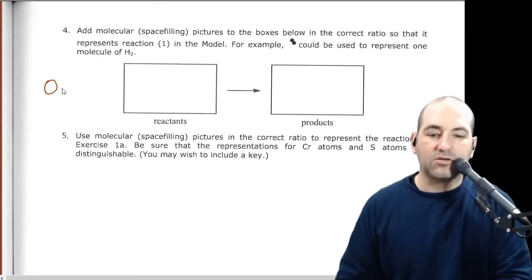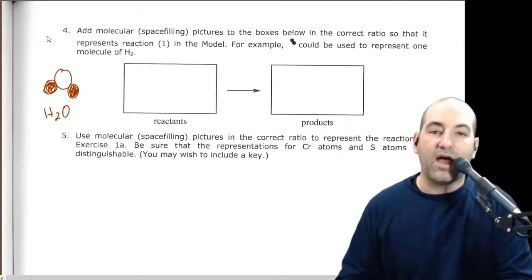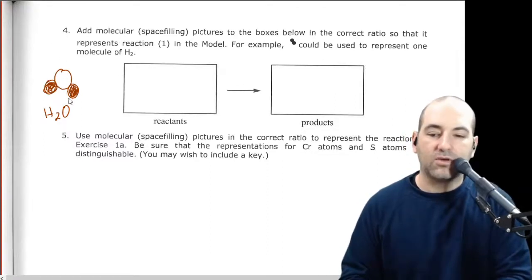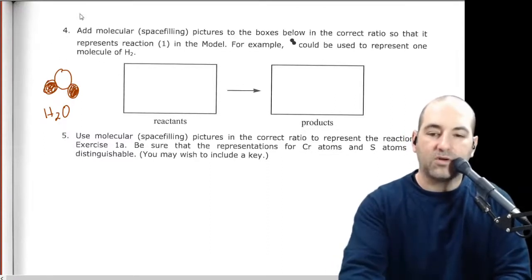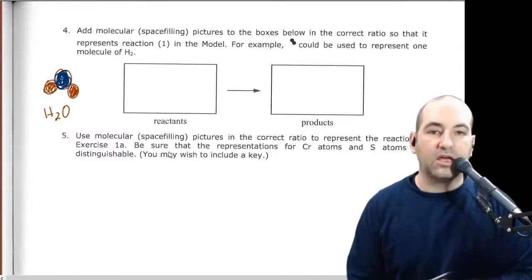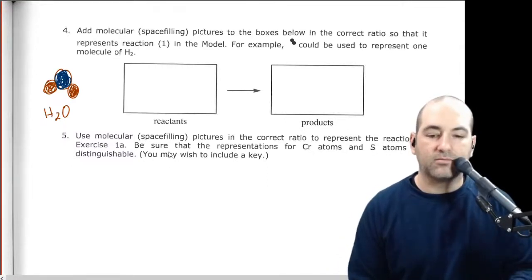If you're talking about two different atoms, like in water, you could use a bigger and a smaller blob, or you could color one type of atom in where the other one is not colored, if you have colors, or if you're writing on a screen where you can change colors. Just some kind of way of representing different atoms in a reaction.